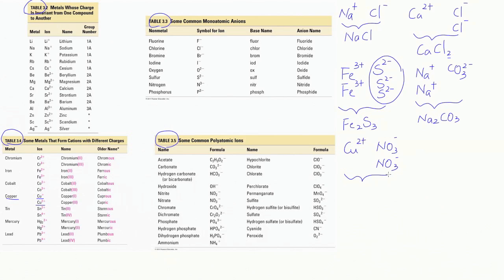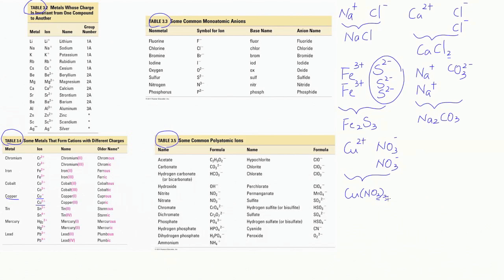So when you write the formula, 1 copper, now you have 2 nitrate, right? Because you have 3 right here, if you write the 2 right beside the 3, it's going to be a little bit confusing. In this case, we use the parenthesis to isolate the NO3, and we put the 2 outside the parenthesis. Again, this 3 means in each one of the nitrate anions, you have 3 oxygen atoms.